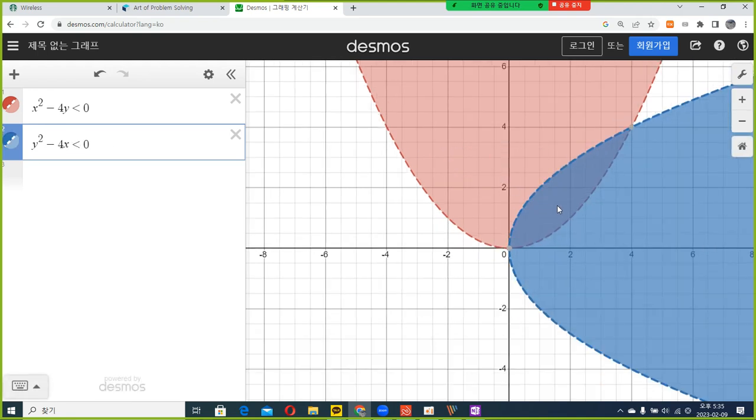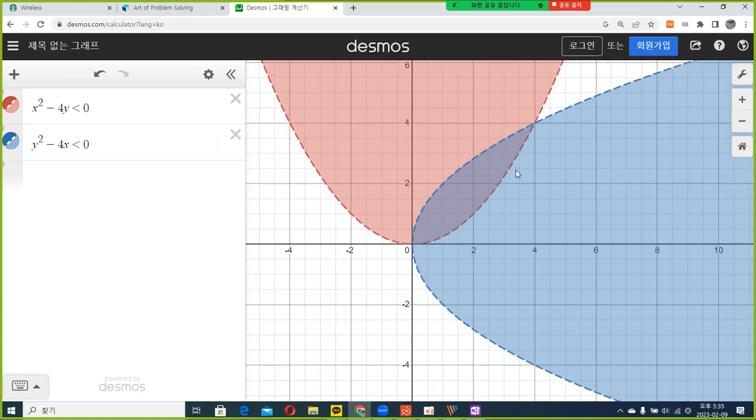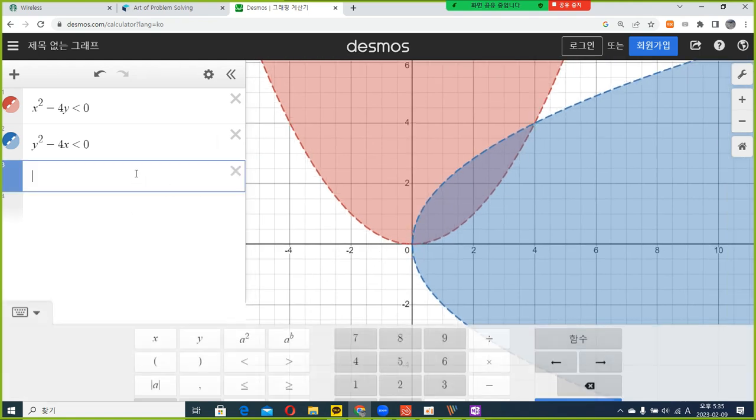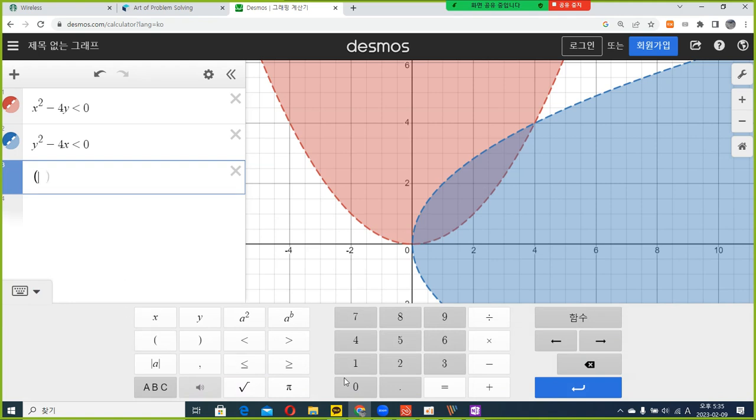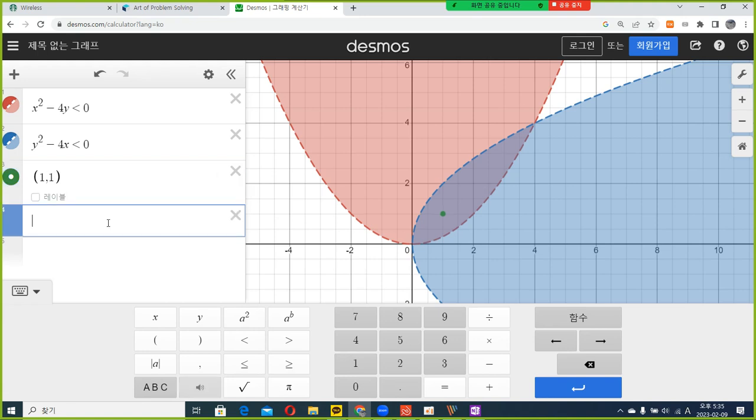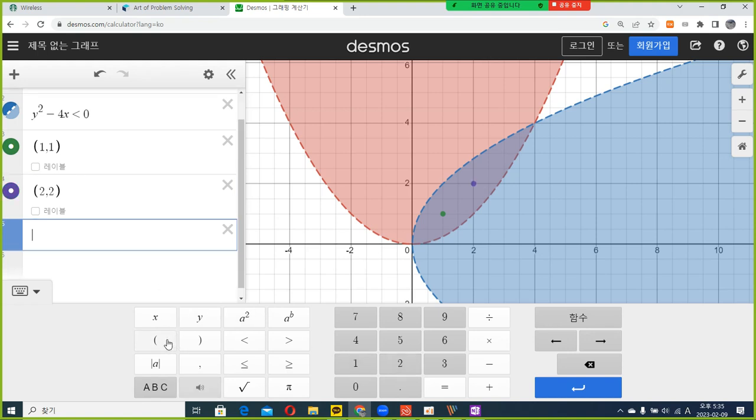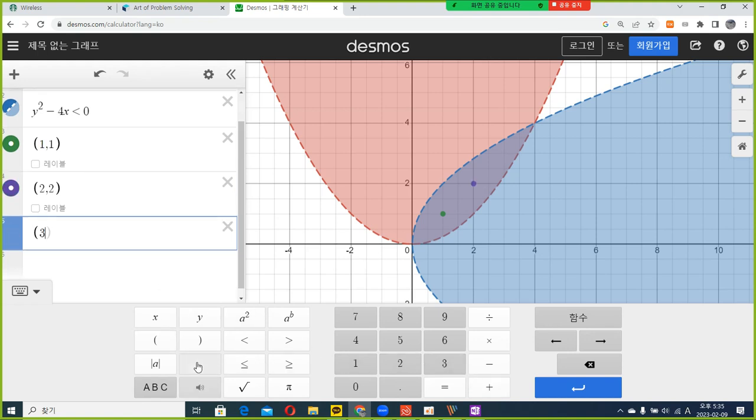So if we think of the positive integer pairs in the overlapping region, these are the four pairs inside the overlapping region.